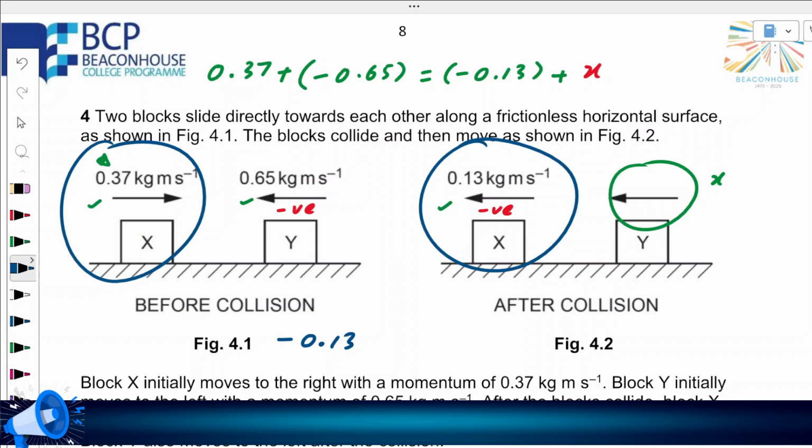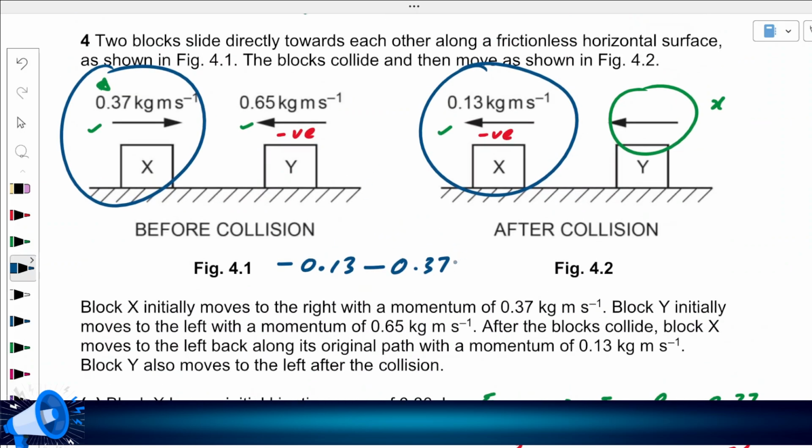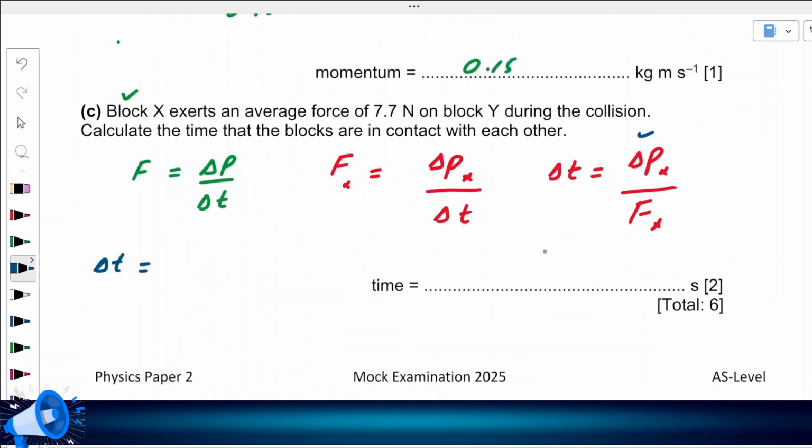Take notice of the sign convention. For momentum, sign convention is really important. So this is the final momentum of X minus, what is the initial? 0.37. So what is the change in momentum of X? Minus 0.50. So minus 0.50 divided by, what is the average force?